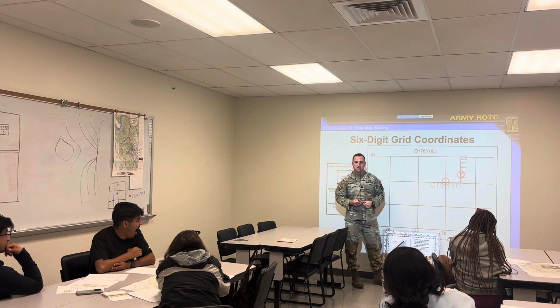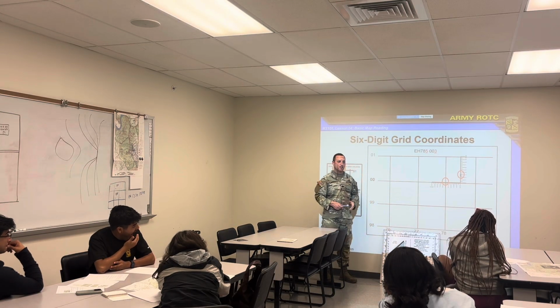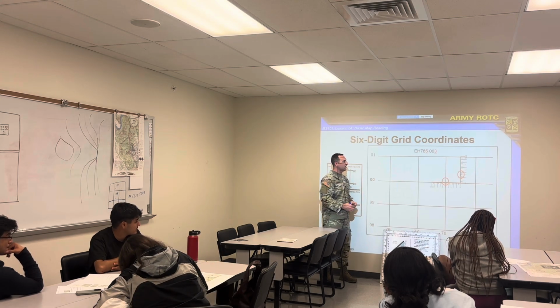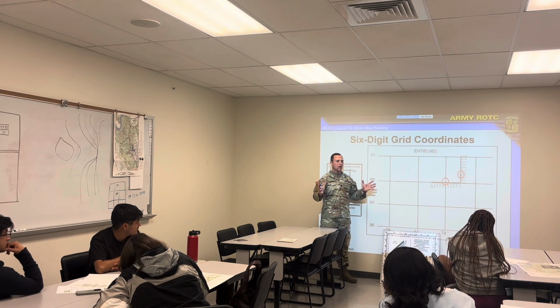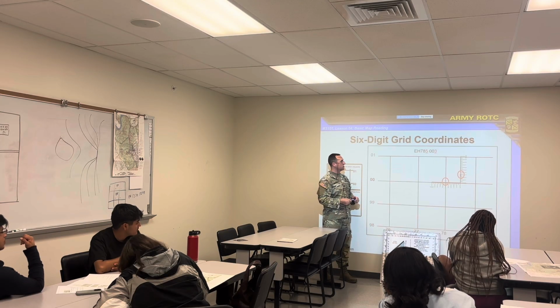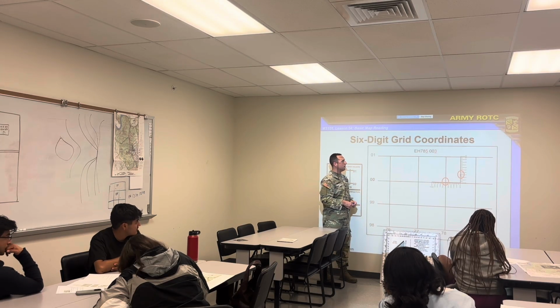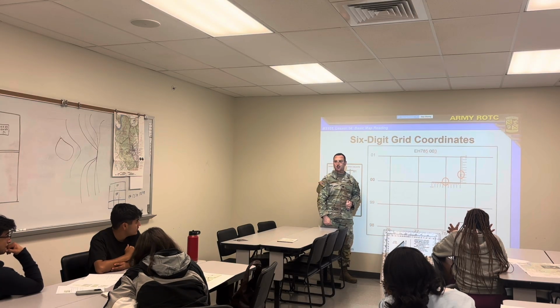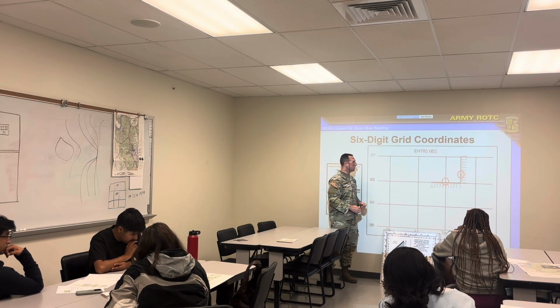785003. So for our mathematicians in here, if everything's in metric, right, and we know metric runs on scales of 10, we just went from a 1 kilometer box, which is 1,000 meters. How accurate is a box from a 6-digit grid coordinate? 100 meters. There you go. We're getting in closer.